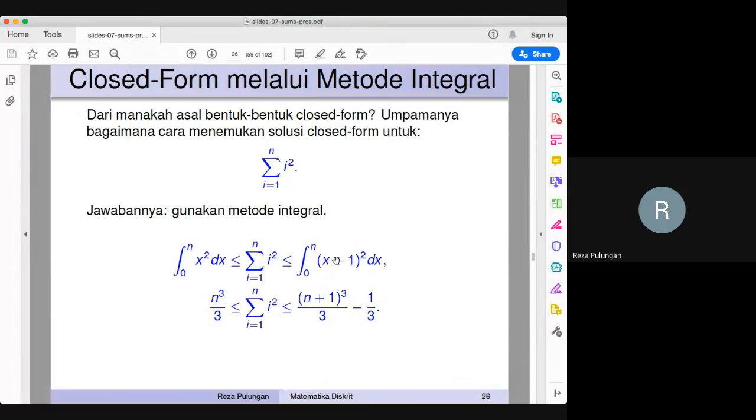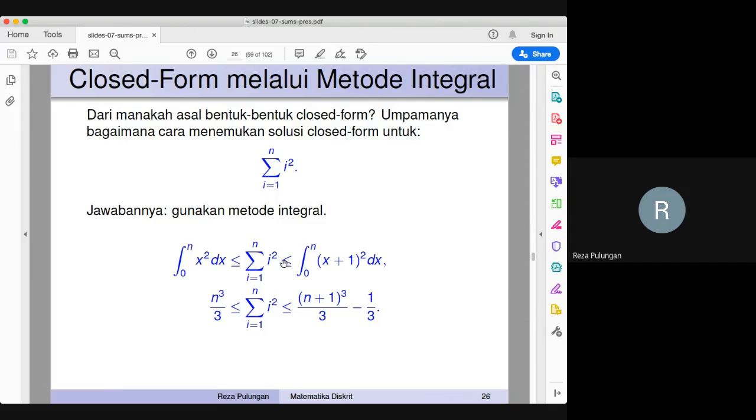You always take this. Look at this. This is (x plus 1) to the power of 2. This is not x to the power of 2 plus 1. This is x plus 1. So f(x plus 1). If f(x) is equal to x squared, then f(x plus 1) is equal to (x plus 1) to the power of 2.